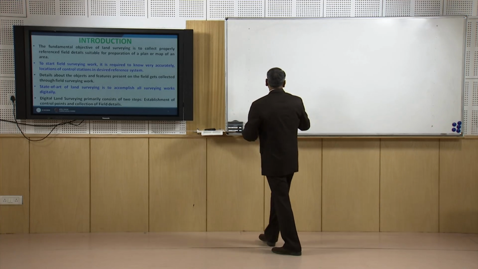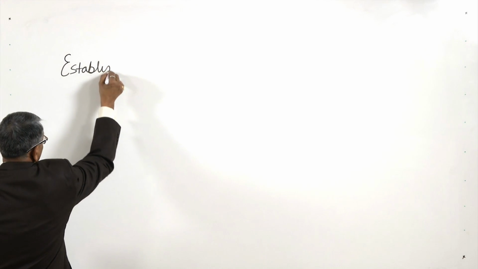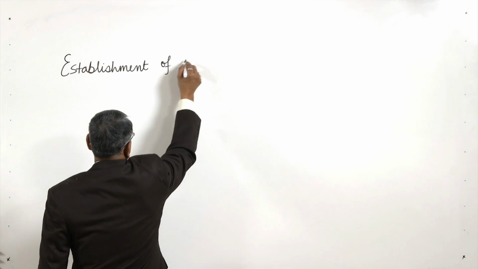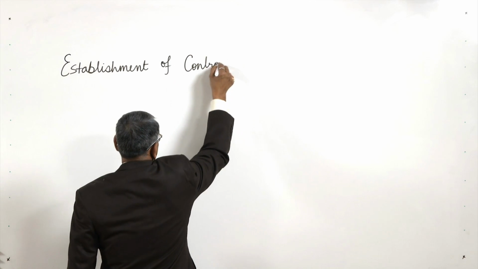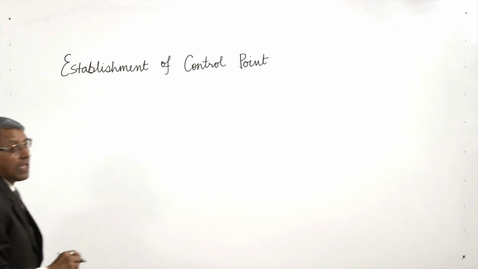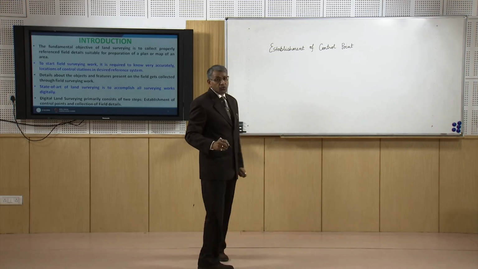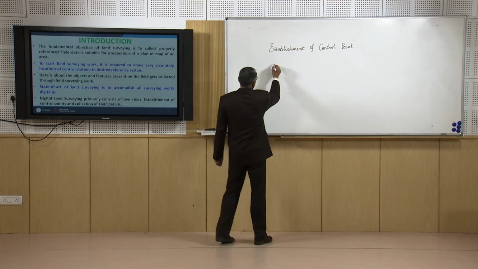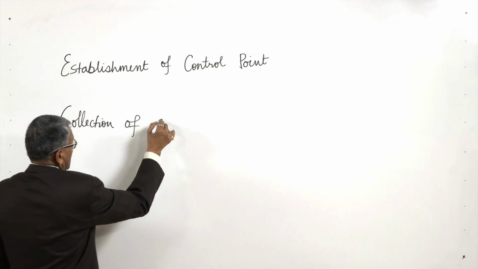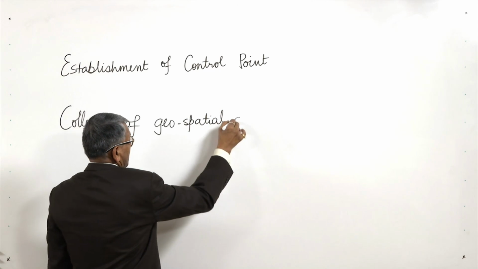The first part is establishment of control point, and once the control point gets established, we make use of these control points for collection of geospatial data or other data defining the surface of the earth.